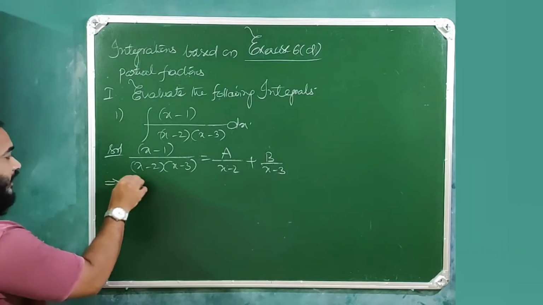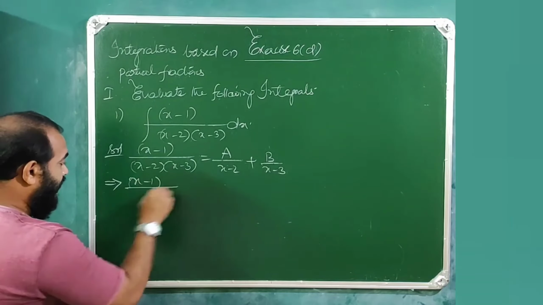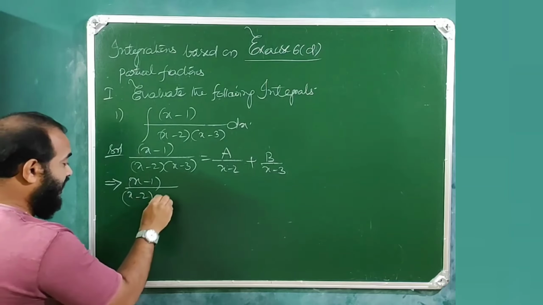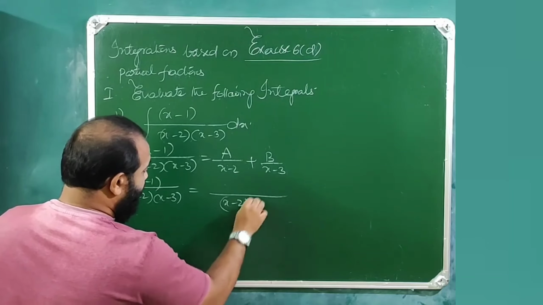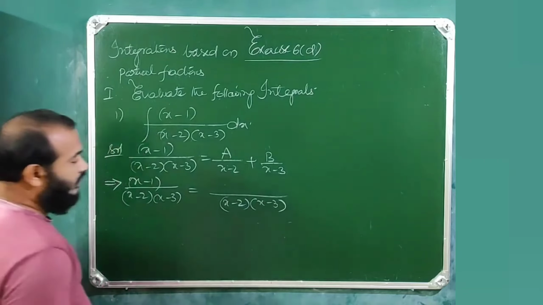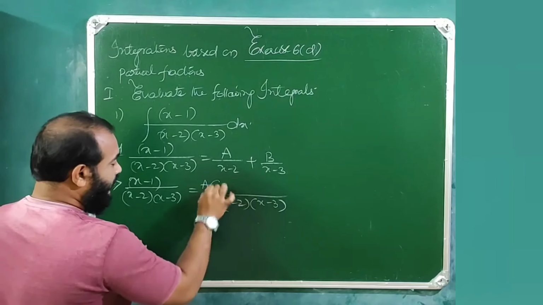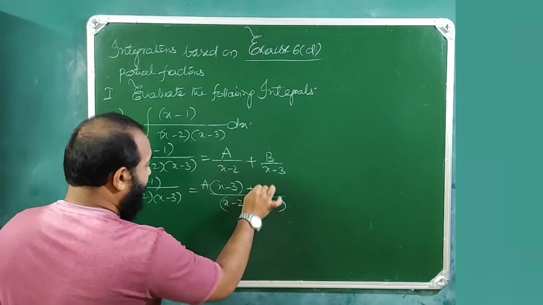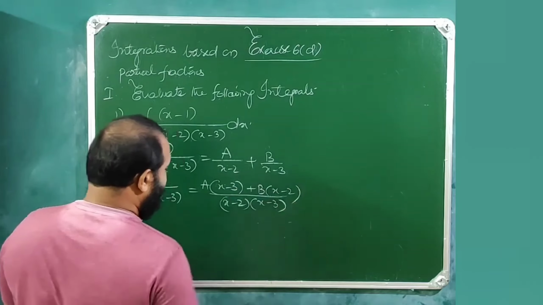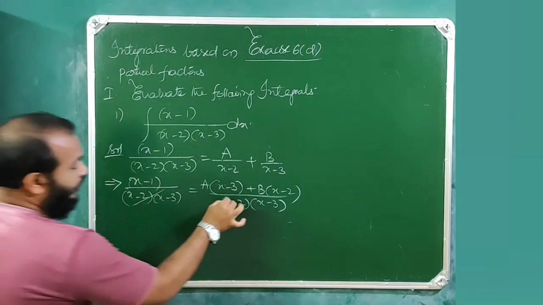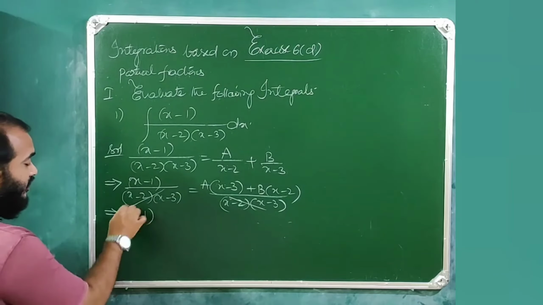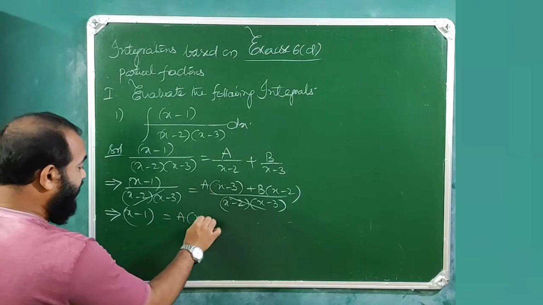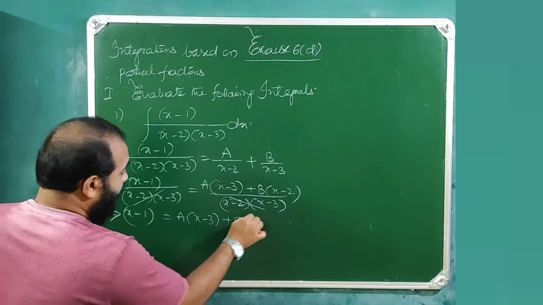So x minus 1 by x minus 2 into x minus 3 is equal to, the LCM is x minus 2 into x minus 3, a into x minus 3 plus b into x minus 2. So let us cancel the denominators on both the sides. So x minus 1 is equal to a into x minus 3 plus b into x minus 2.